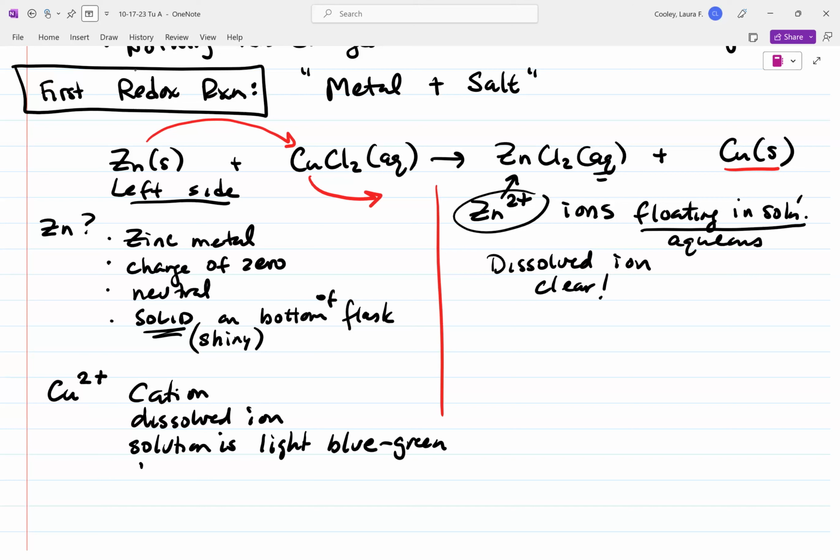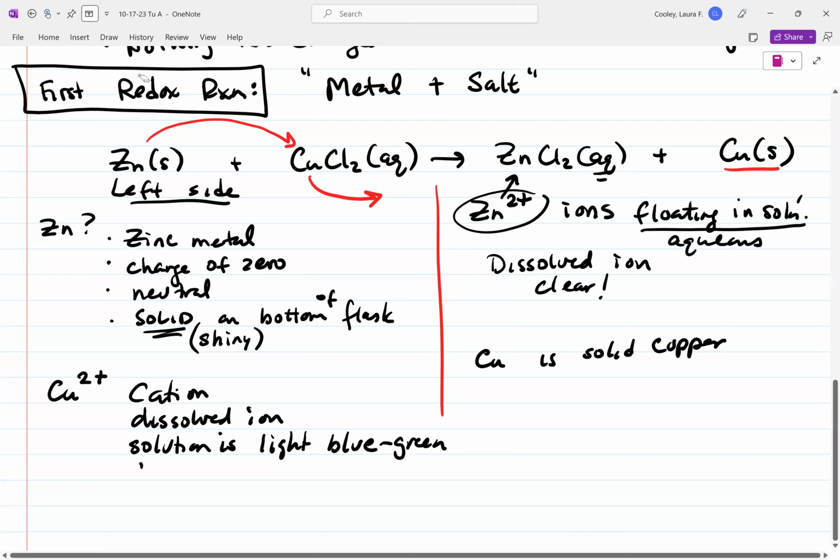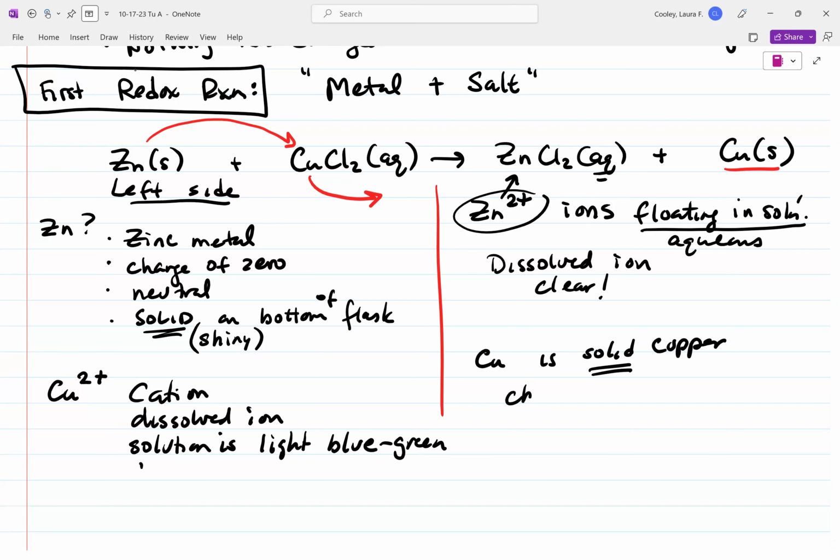It's a dissolved ion, as I said, right? But over here, copper is solid copper. It's sitting on the bottom of the flask. Well, it's probably fine particles, so it's probably not on the bottom of the flask, but it is solid copper. It has a charge of 0, so we say it's neutral.